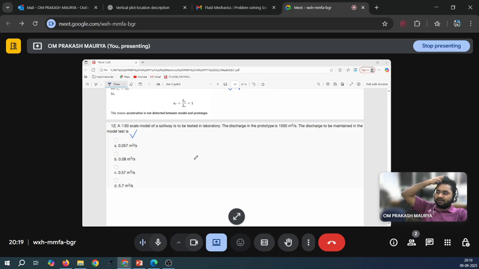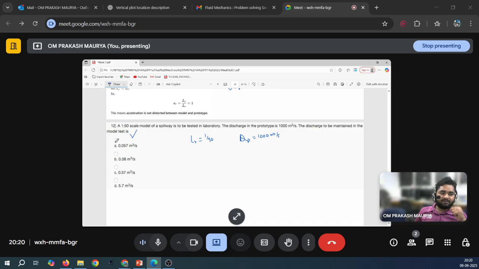So you have the scale of the model, meaning LR, the length scale, 1 is to 50, and your question is discussing the prototype discharge, 1000 meter cube per second.